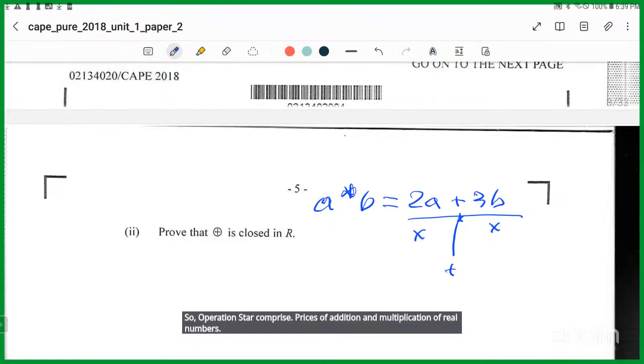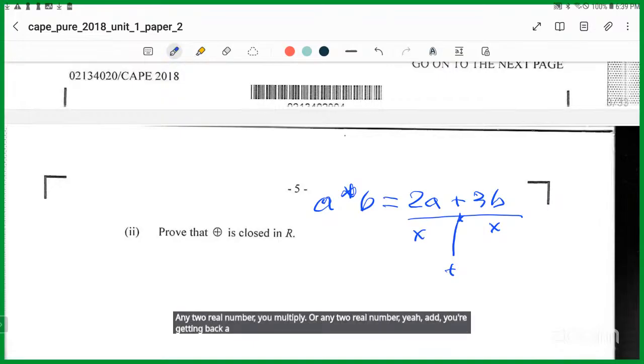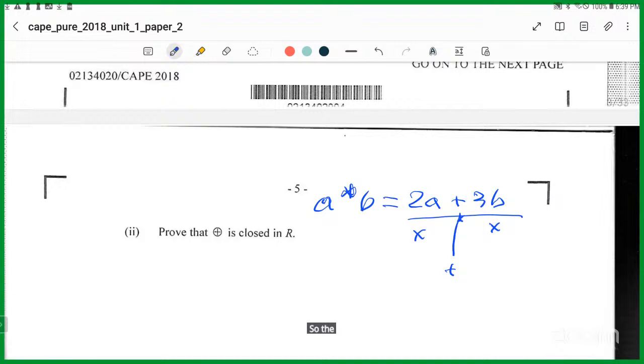Now, addition of real numbers and multiplication of real numbers are operations on which the set of real numbers is closed. In other words, any two real numbers you multiply or any two real numbers you add, you're getting back a real number. So the set of real numbers is closed with respect to addition and with respect to multiplication.